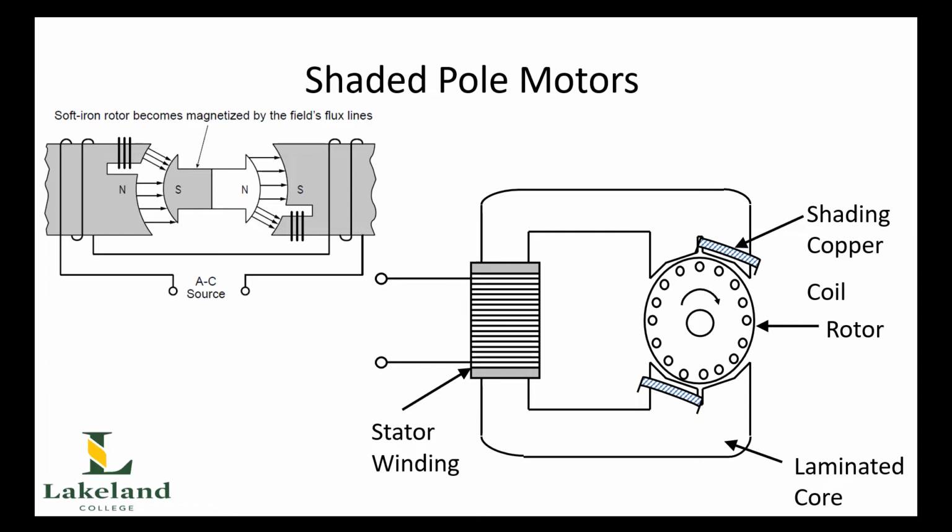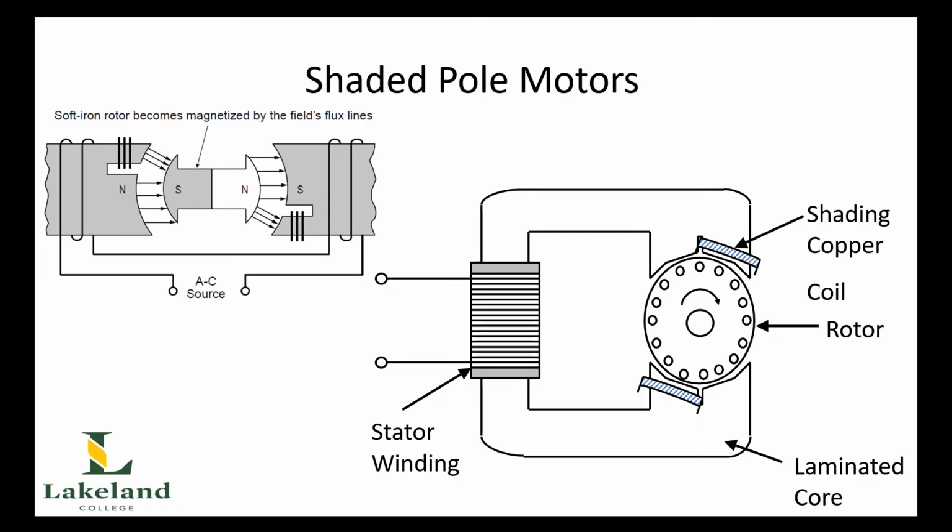Same motor, but different operating principle in that the one top left operates at synchronous speed, whereas the one bottom right does not. Now, the big difference constructionally speaking between the two is you can see that the one bottom right, the shaded pole induction motor, uses a squirrel cage rotor, whereas the one top left uses a permanent magnetic rotor, because you can see a north and a south pole on that rotor in the diagram top left.